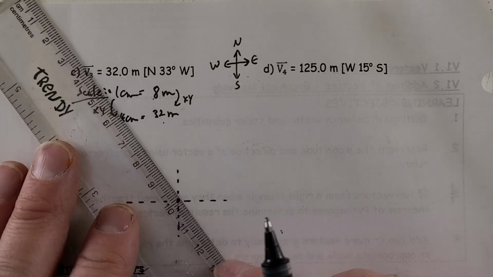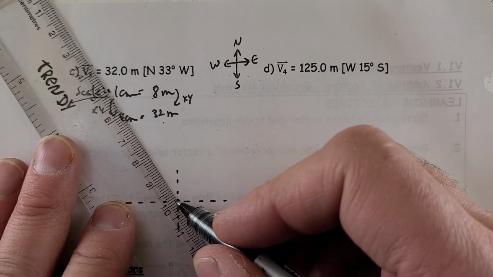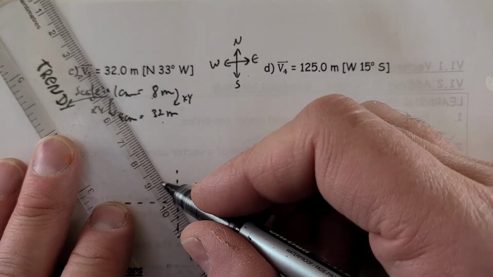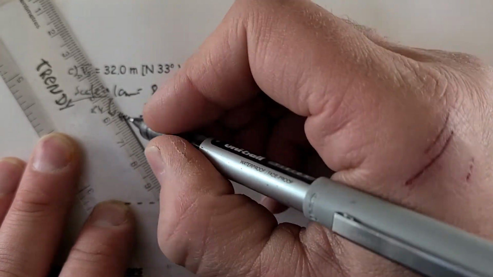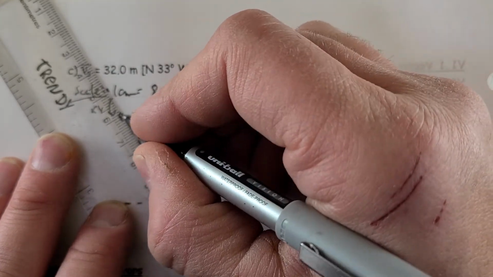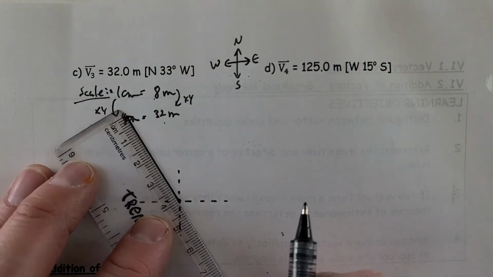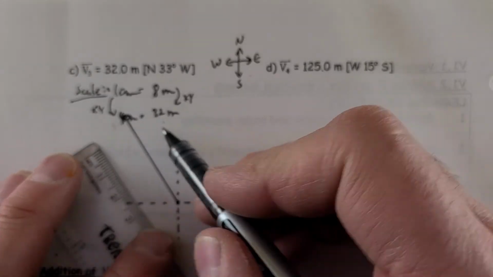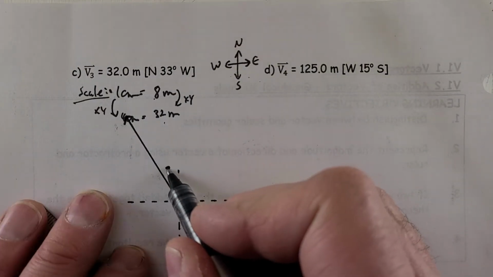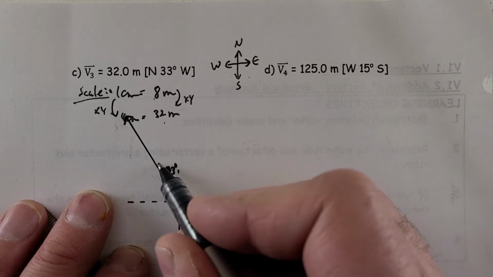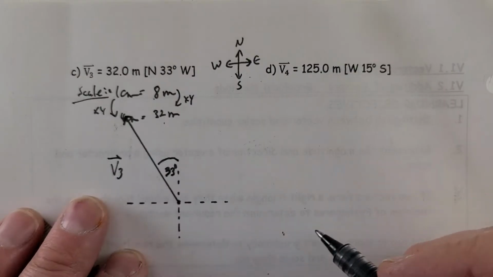So if I put it at the 10 mark, let's see here. 1, 2, 3, oh, I'm going to be going into my scale, darn it. That's all right. And then put my arrowhead there, so that's 4 centimeters if I measure it. 4 centimeters is 32, and of course this was the angle that I figured out to be 33 degrees, so I'll just mark that, and that is V3.